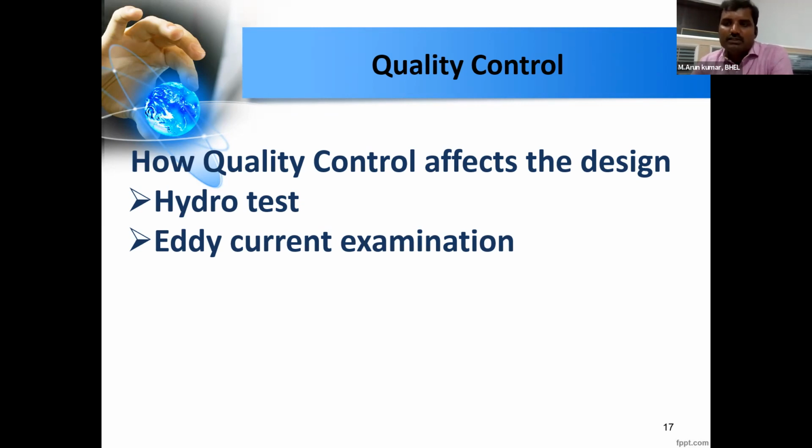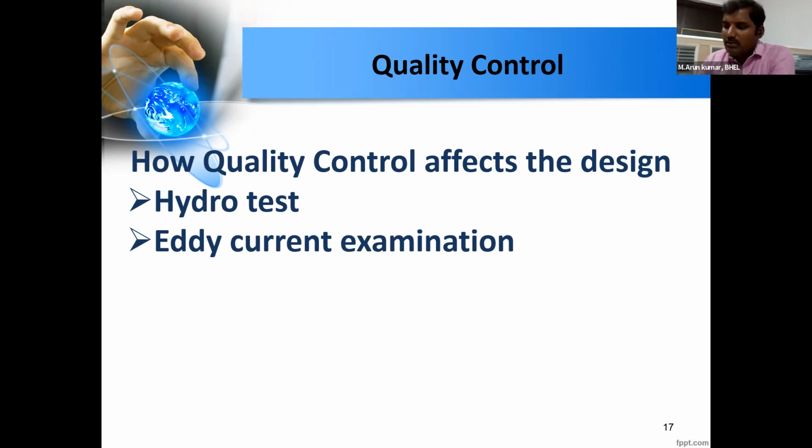But since we are using these components for nuclear applications, the hydro test has to be conducted at very high temperature. For example, because of this RT-NDT problem, which I have explained earlier, the hydro test has to be carried out at plus 33 degrees Celsius, that is RT-NDT temperature plus 33 degrees Celsius.